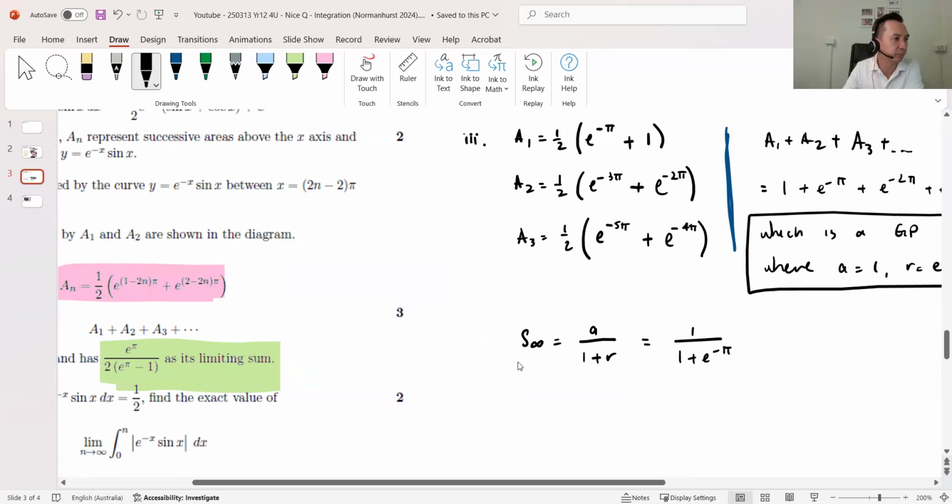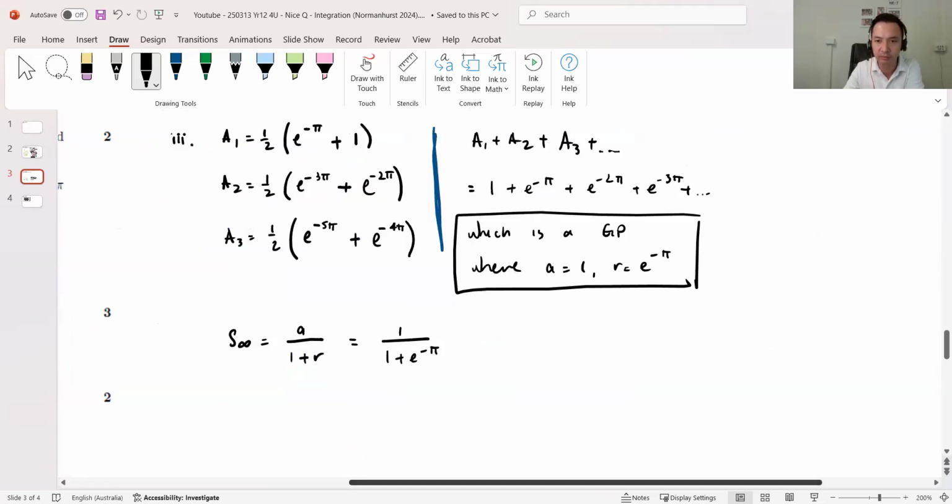Why did they divide this by 2? This forms the sum of the series. So if I rationalize this, why is there an extra 2 there? They got the limiting sum to be that, and then they halved it.